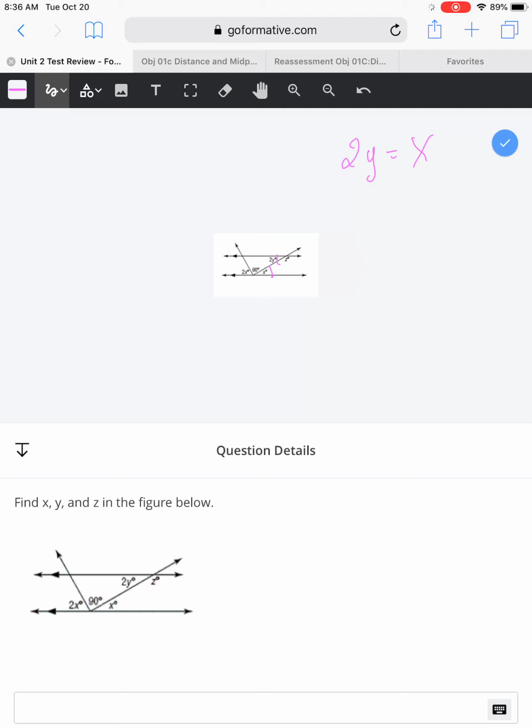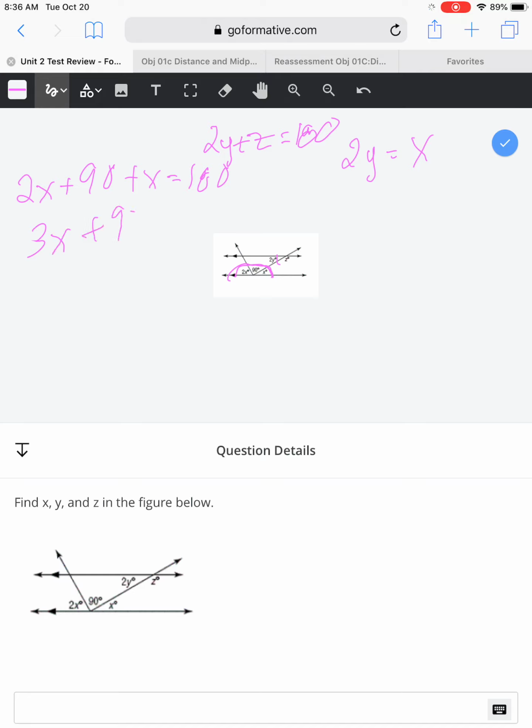I know 2y and z is a linear pair, so I know 2y plus z is equal to 180. Still not that helpful. So then I look at all of these angles and they make a line. So I know that 2x plus 90 plus x is equal to 180.